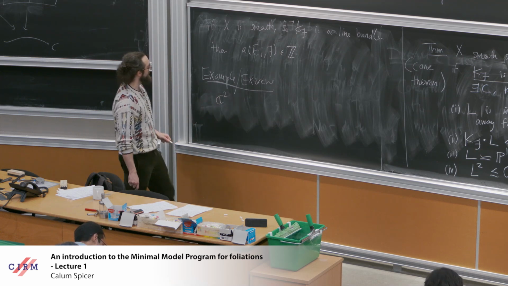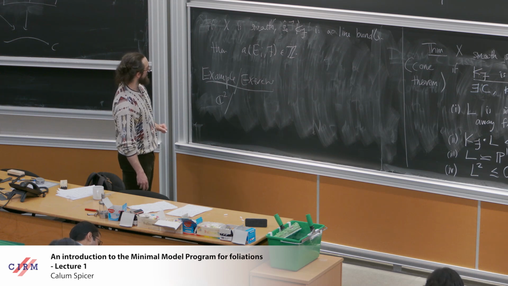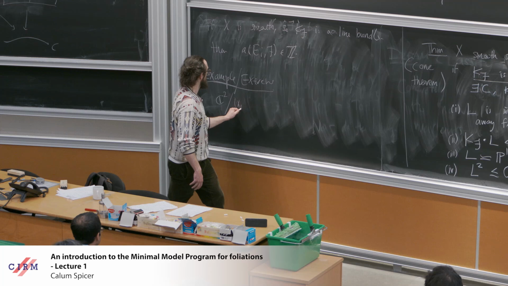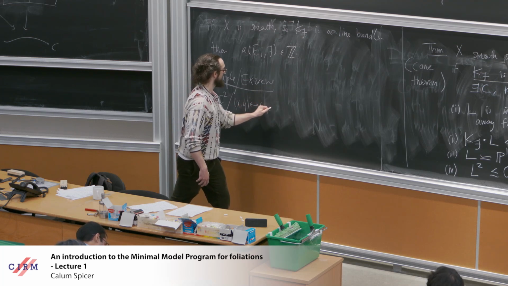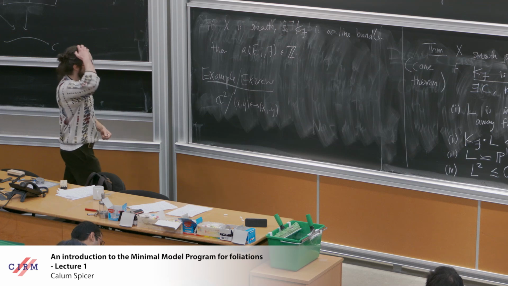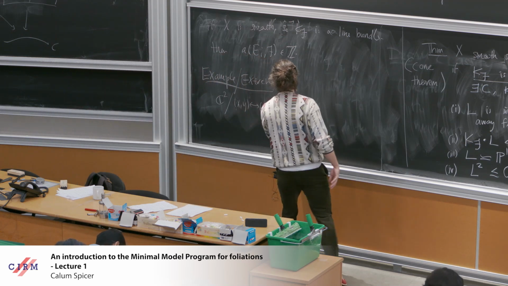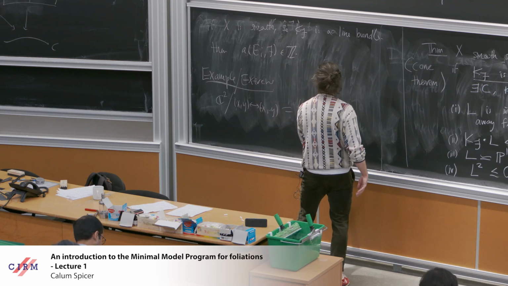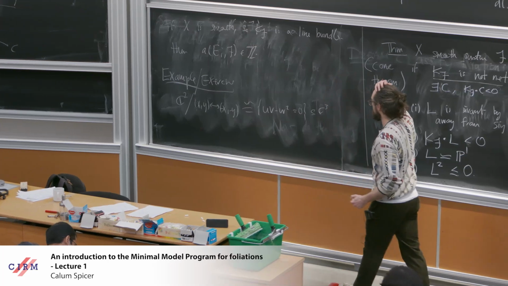So take a quotient of C2 by the action of (x, y) goes to (-x, -y). So this quotient will be a singular surface. In fact, it's going to be uv minus w squared inside C3.